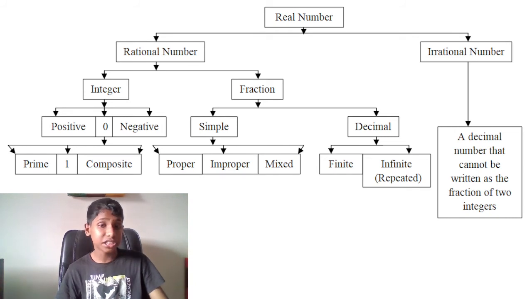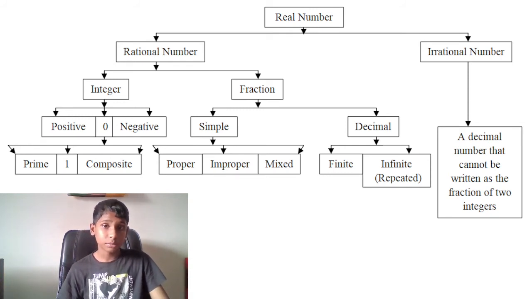That means it's just a value. It's not like it will never end. It's not like it's 0.2222. It's not like that. 2 by 10 is equal to 0.2. 1 by 2 is equal to 0.5. So these are finite decimal fractions: 0.5, 0.2, 0.3.